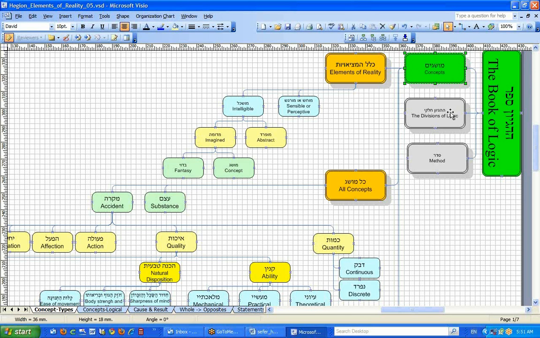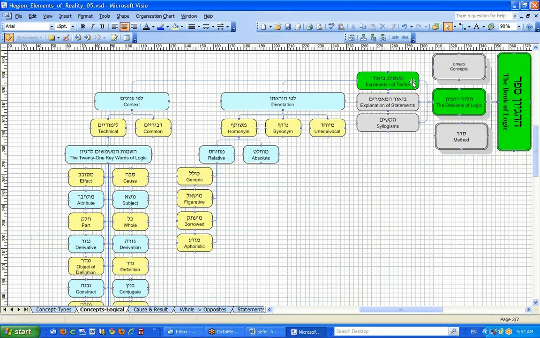The second unit of the book will be talking about the logical terms and systems of organizing your concepts. He breaks it down into three units. One is to understand what he calls Shemot.